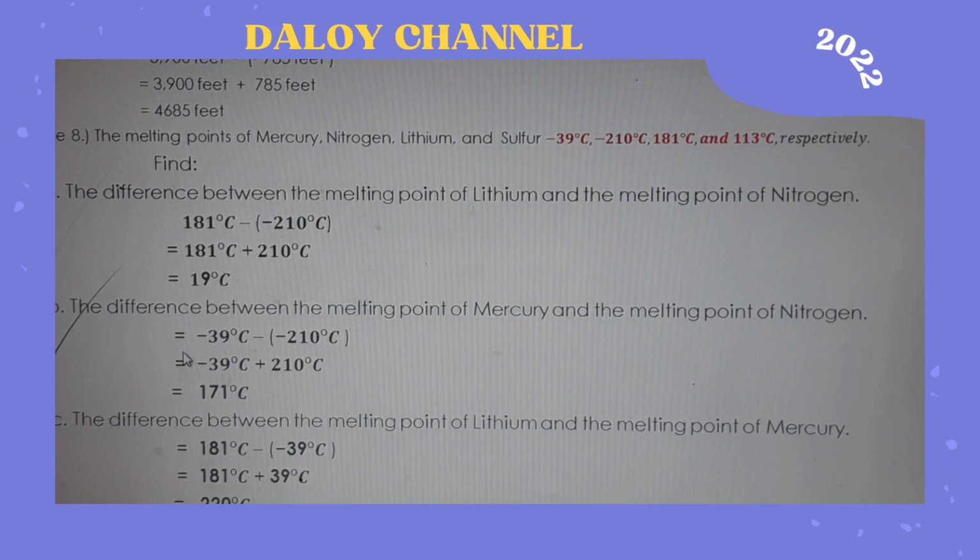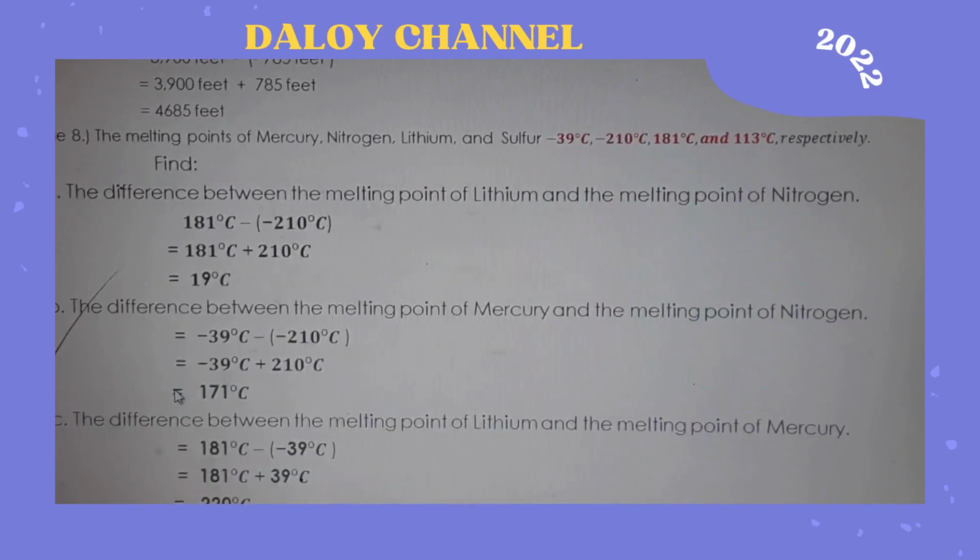Finalizing our statement, we have negative 39 degrees Celsius plus 210 degrees Celsius. Finding the difference between 210 and 39, the final answer is positive 171 degrees Celsius.